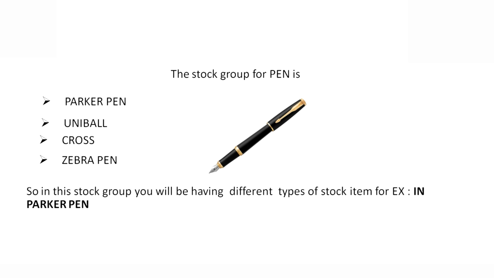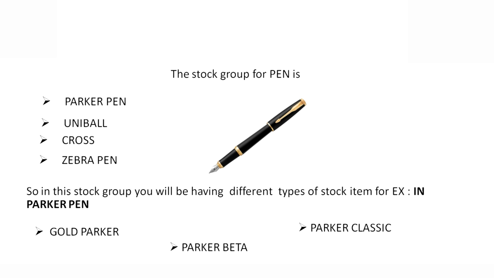Even in this category, if you take a Parker pen, you have Gold Parker, Parker Beta, Parker Classic as different products under the Parker company. Pen is a common name and this will be the main group. Under that you can create Parker pen, Uniball, Cross, Zebra pen, etc., and the stock items are like Gold Parker, Parker Beta, Parker Classic.